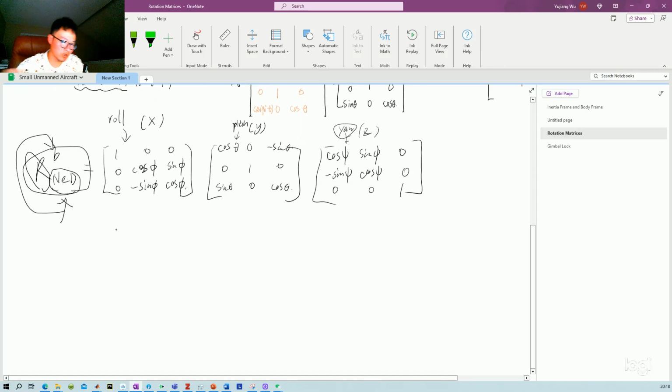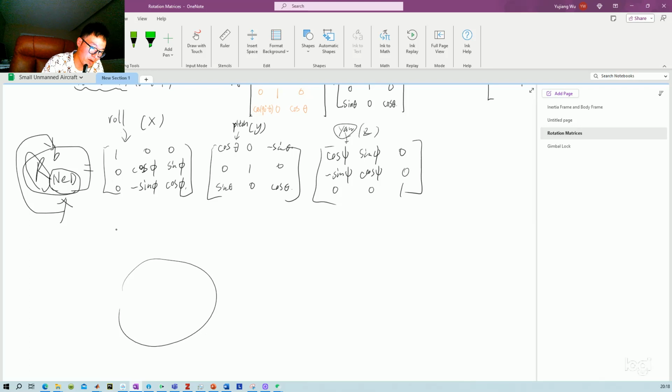We know that when we talk about the inertia frame, north, east, and down, there is also a translation. There is a center here, and a center on the body, on the plane. So there is a translation here. We'll talk about this translation later, but not right now. Let's focus on just the rotation part.